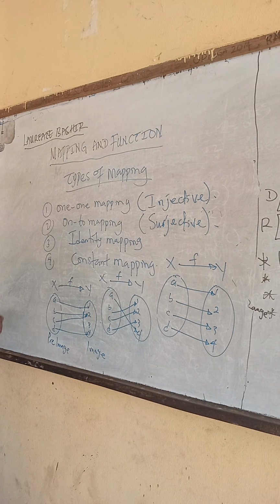You understand? So in mapping, that's what we call onto mapping. Each one does not produce one; some produce the same thing. So that's what we mean by onto mapping. Like this one, B produces two, C produces two.